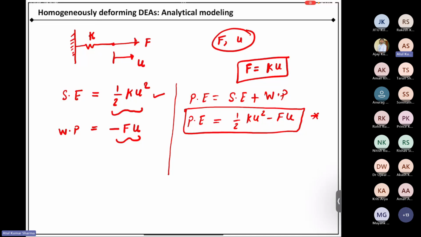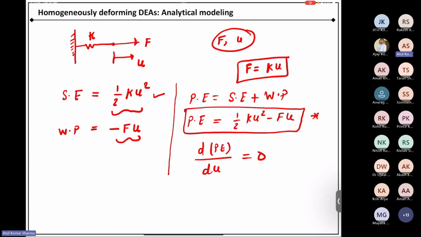So for a stable equilibrium, we look for the extremum. The first condition for the maximization or minimization of a quantity is that the first derivative of this quantity should be 0. Because it is a single variable problem, we can write that dP/dU will be 0.